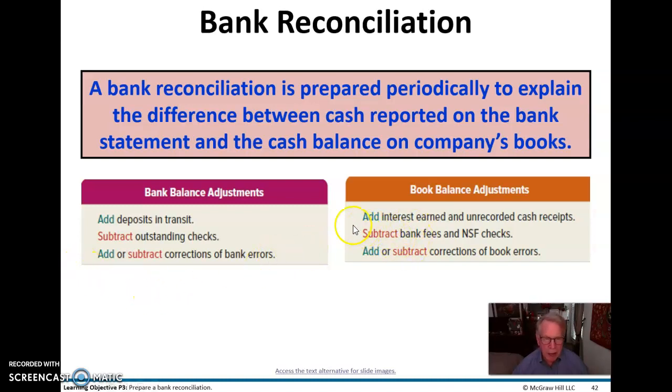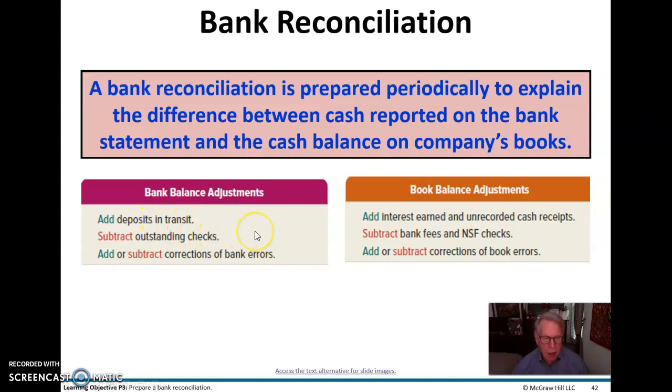Now on the book side, we start with the balance per the book, and we add any interest earned or unrecorded cash receipts. We subtract any bank fees or NSF, that means not sufficient funds check. That's a customer check that bounced, as we would call it. And we add or subtract any corrections of our book errors. Any adjustments we make on the book side, we need to create a journal entry for that.